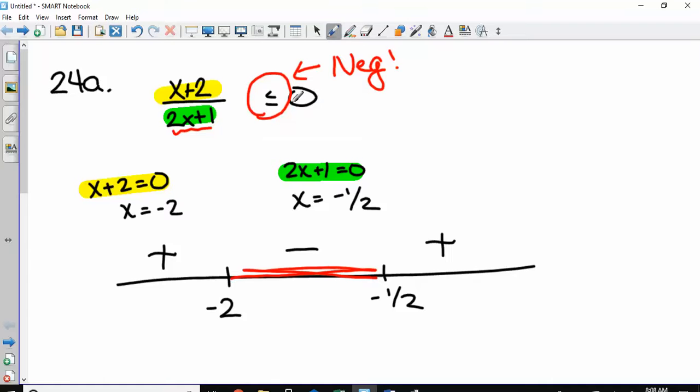No. Whether it has an equal to or not, the thing from the denominator will always get a parenthesis because your denominator can't be 0. But because I have an equal to, the top could be. So my solution is bracket -2, -1/2 with a parenthesis. Is that okay?